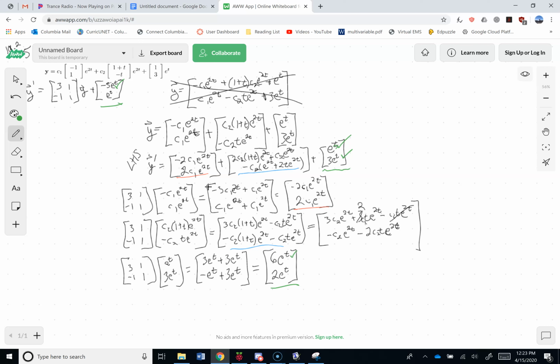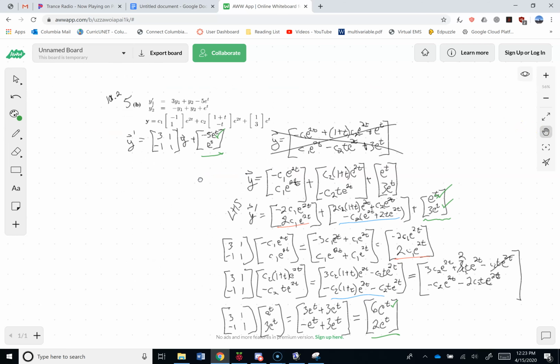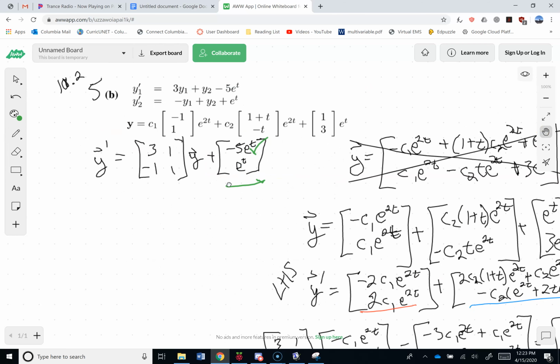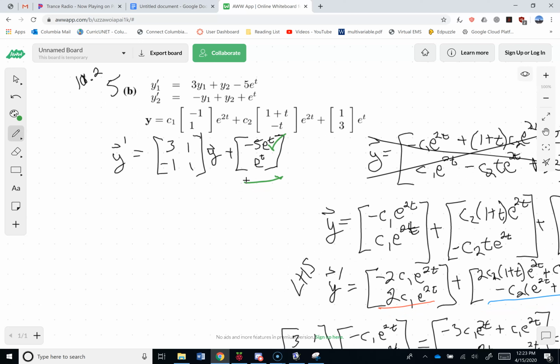But there's even another way to do this, going all the way back up to the top here. My intention is to take this matrix here that I'm going to call A, right? And really this part then becomes that I need to do AY, right? Well, Y is made out of this sum.